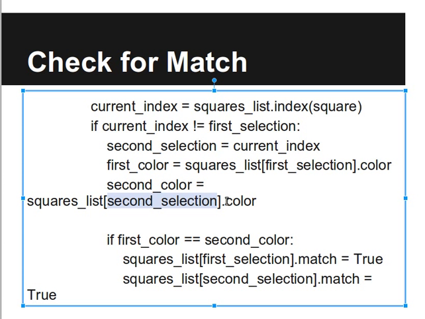And it'll display the color. That's the second color. So obviously if the first color equals the second color, it's a match. And then you set the attribute match from this square to true. And then the second one is also true.